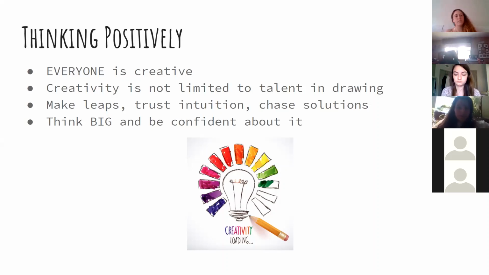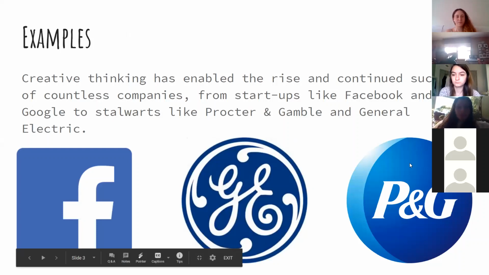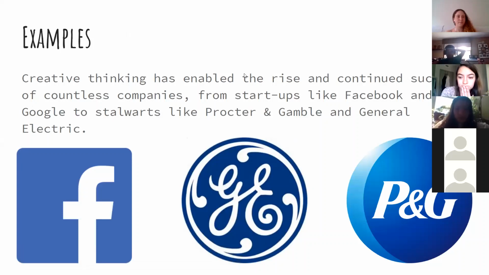Some examples of companies that have gotten really successful just based on thinking big and taking leaps and bounds are Facebook, General Electric, and Procter & Gamble, which I don't know that much about, but obviously we all know Facebook for sure. General Electric is a huge company worth billions of dollars. Procter & Gamble owns Gillette, right?